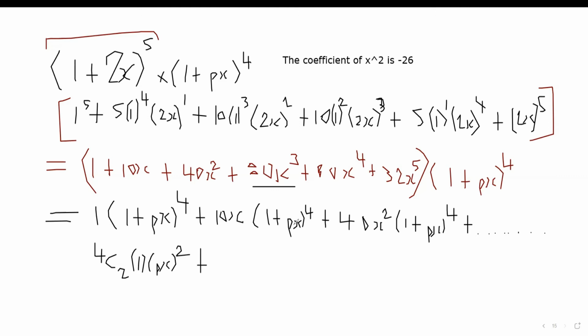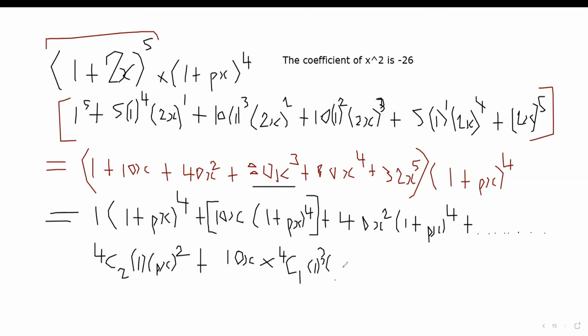If you get the coefficient of x squared in this expansion, it is 10x times, look at this now, you're choosing 1, n is 4, 4 choose 1 times px, 1 cube.